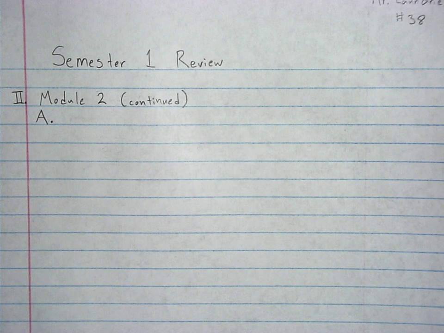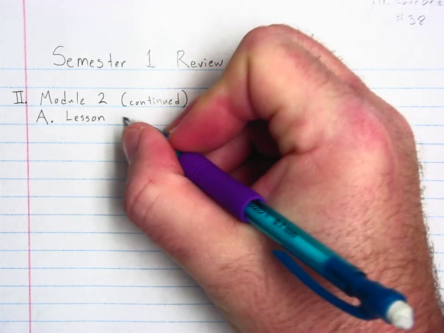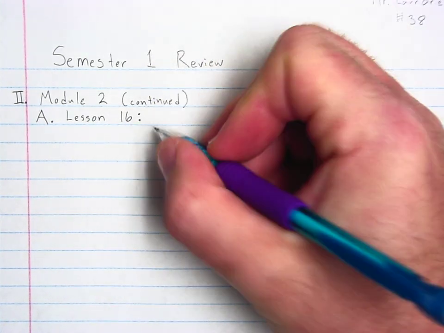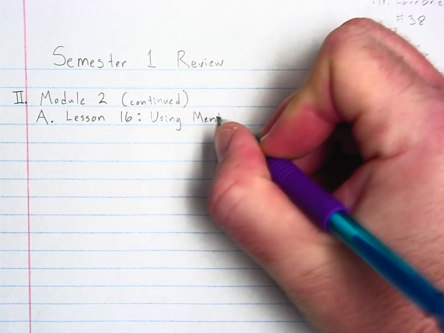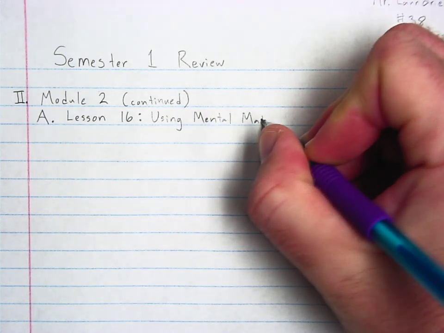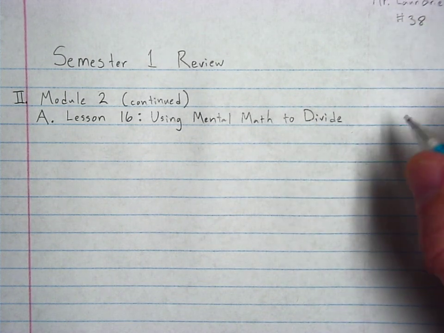So, let's talk a little bit about Lesson 16 and review using mental math to divide. Using mental math to divide is very similar to using mental math to multiply.